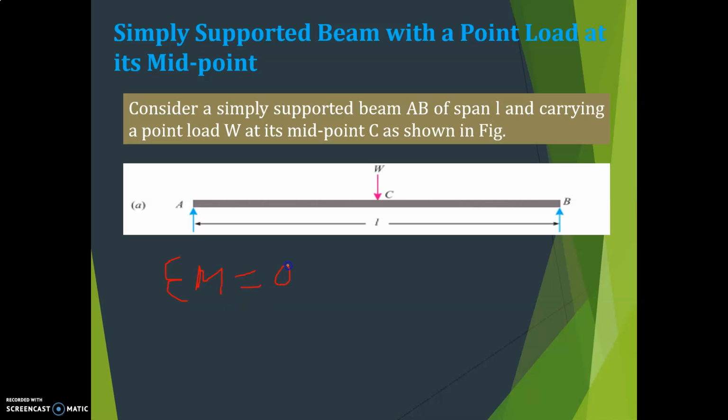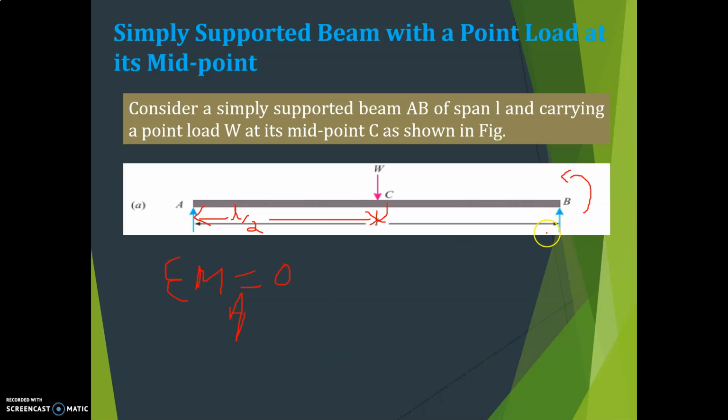RB into L is anti-clockwise, so minus RB into L, plus W into L divided by 2, which is clockwise, is equal to 0.